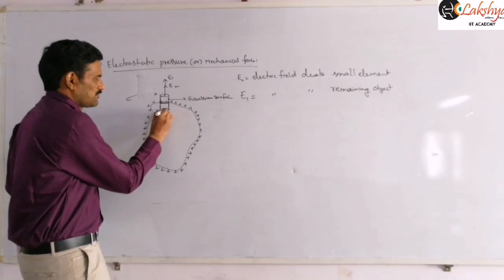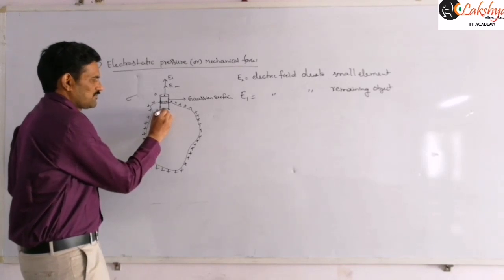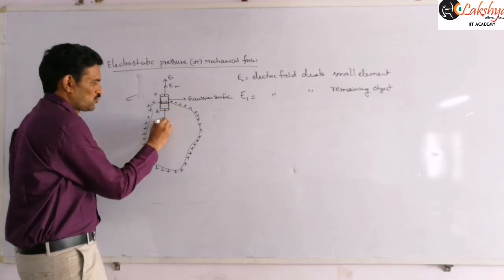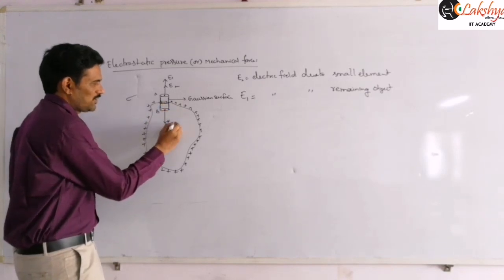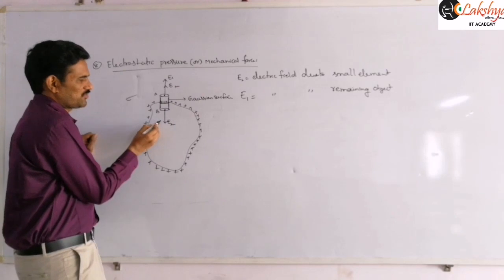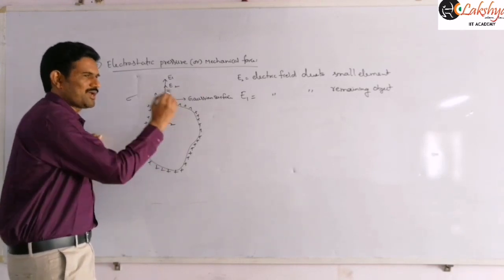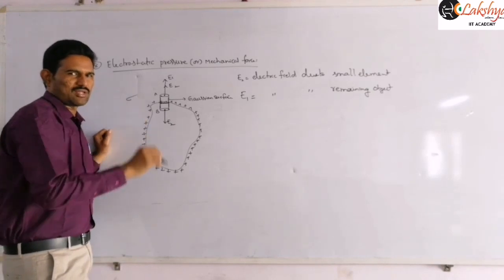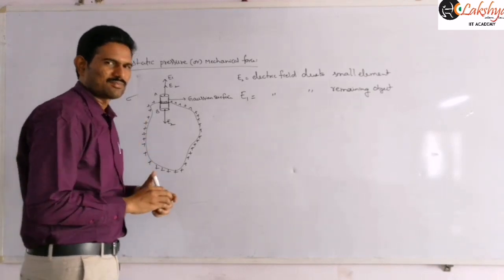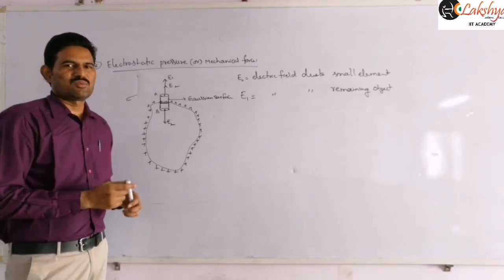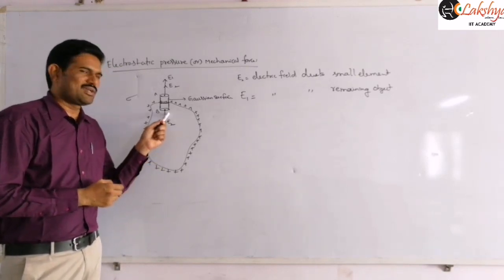And next here, at this point, the electric field due to this positive charged element will be in the downward direction. E2 is the electric field due to that small element, that will be in the downward direction. And so the electric field due to the remaining object should be in the upward direction. How to conclude that? Because the electric field inside the conductor will be 0. Now this is a point inside the conductor.